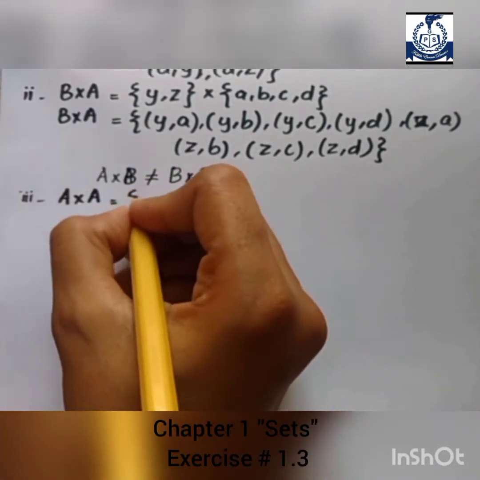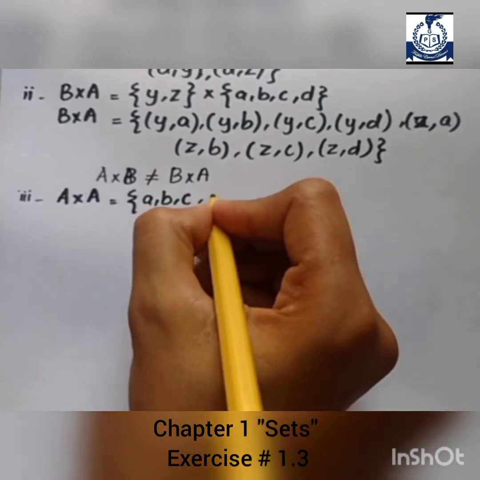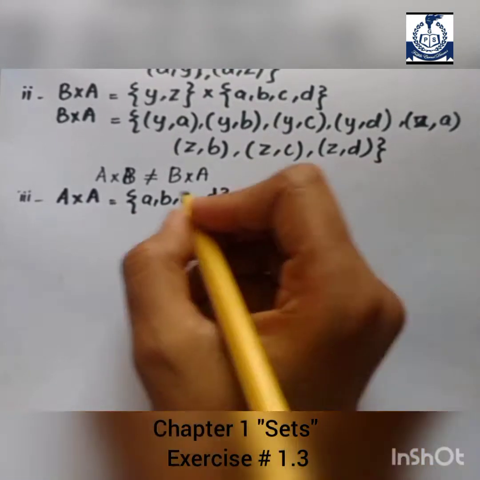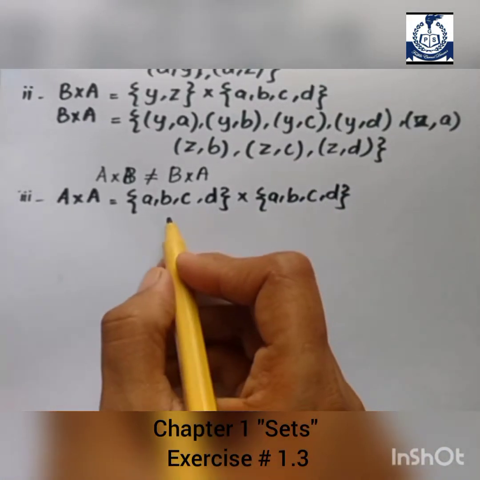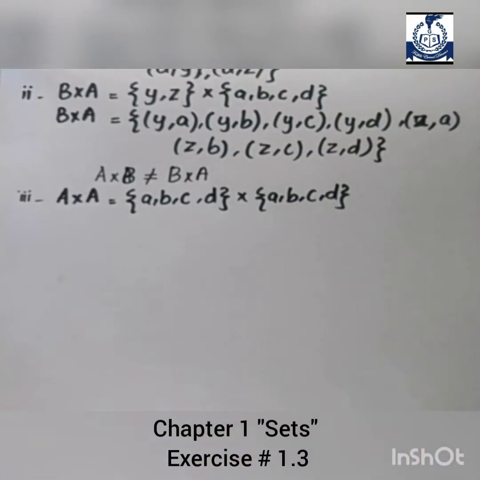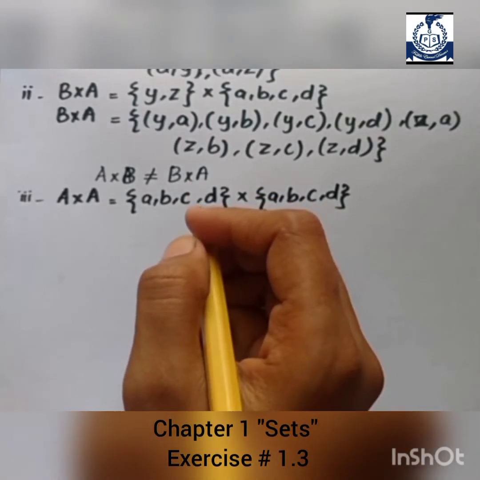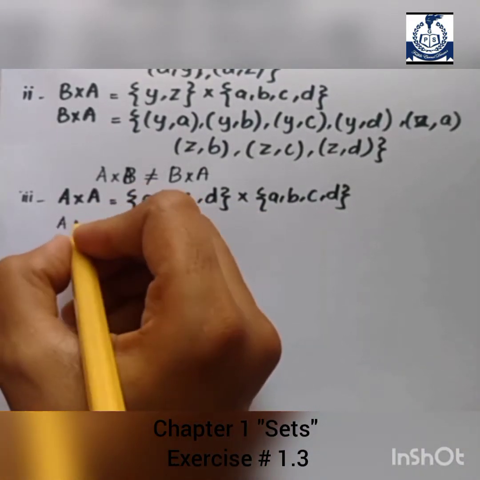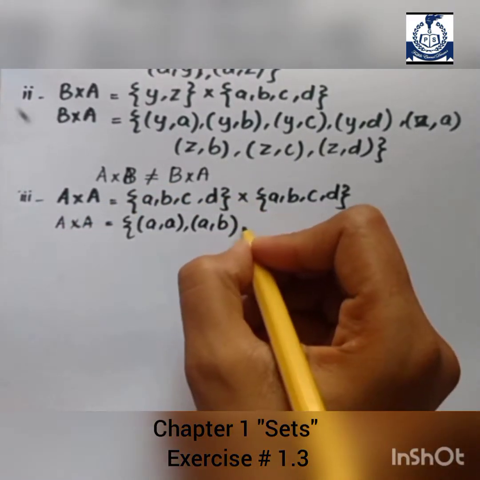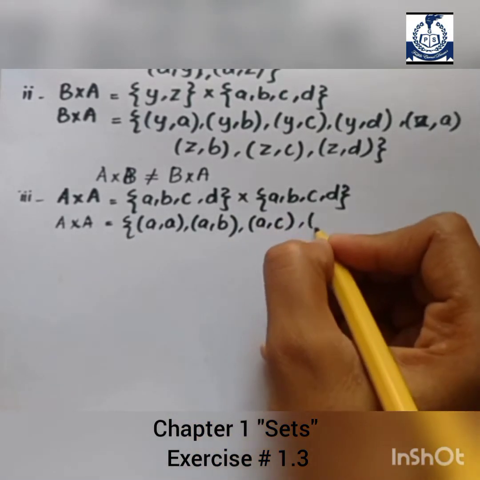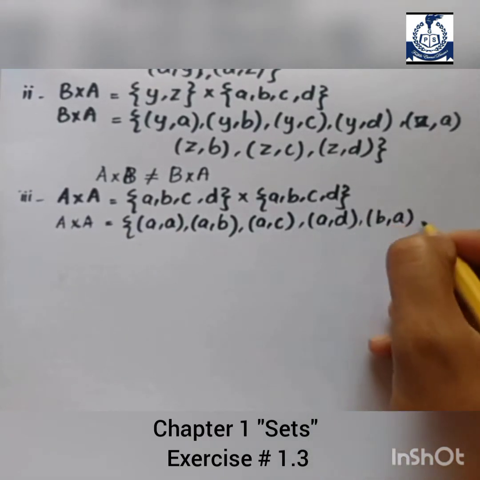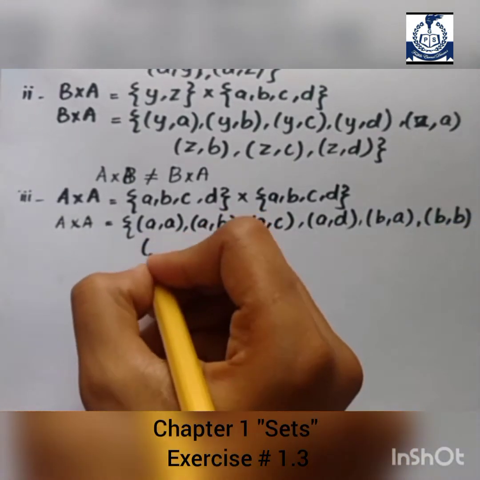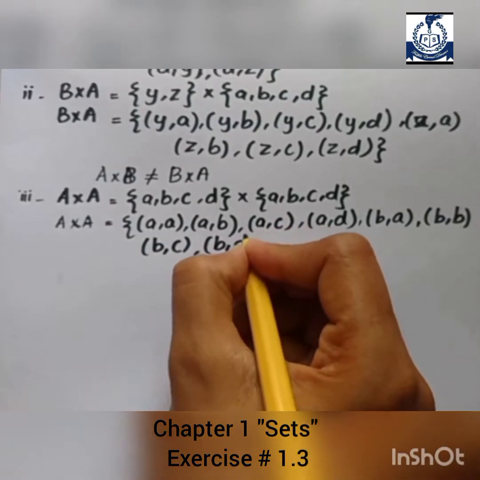Part number 3, A multiplied by A. In place of A we write the elements of A, which are a, b, c, d, and in place of A we write a, b, c, d. So the set has 4 elements, 4 multiplied by 4, 4 4s are 16, so we make the 16 elements. First we multiply a comma a, a comma b, a comma c, a comma d, then b comma a, b comma b, b comma c, b comma d.